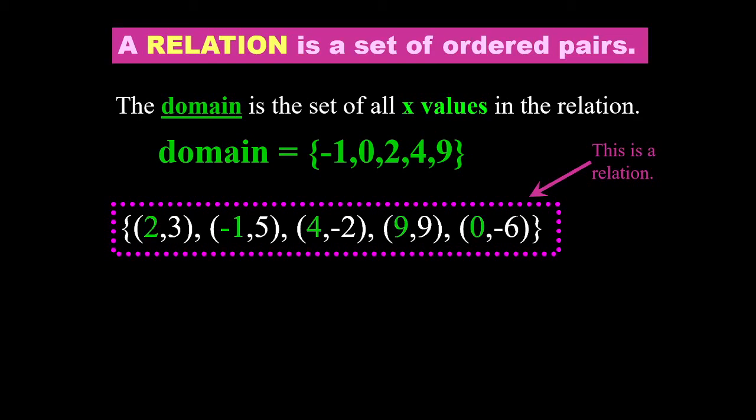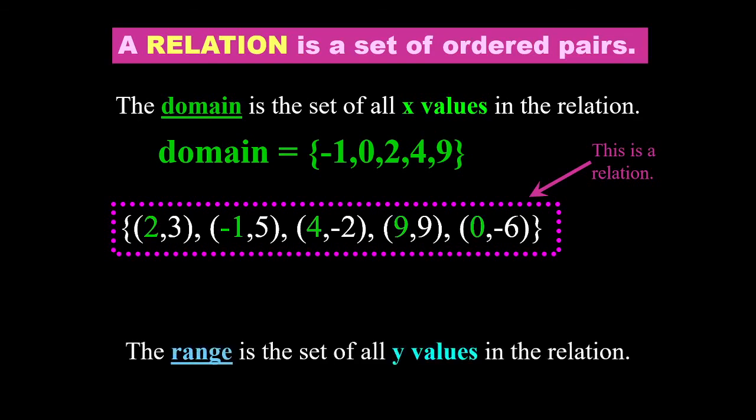Next, the second part is a range. The range is the set of y values, the second numbers there, the y coordinates, or simply the ordinate. So, what's the range in our relation?